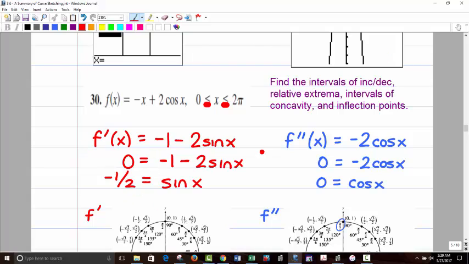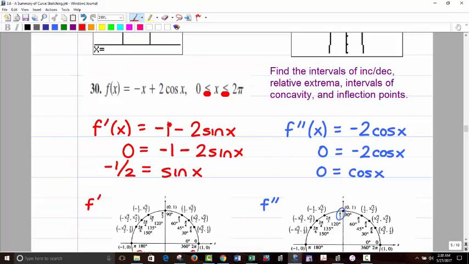Before, I was doing all the first derivative stuff and then all the second derivatives. So now take the derivative of this. The derivative of negative 1 is 0, of course, and then the derivative of negative 2 sine of x would be negative 2 cosine of x.